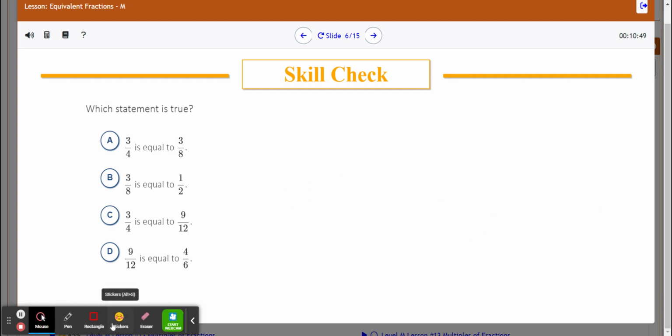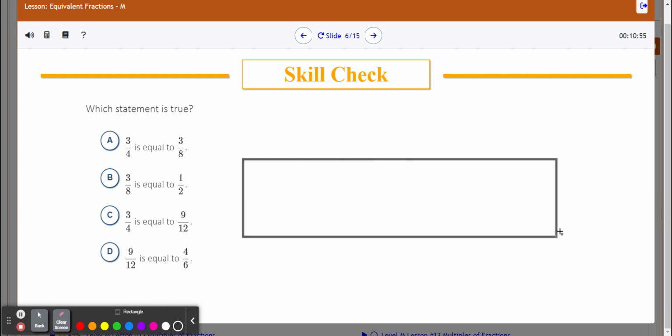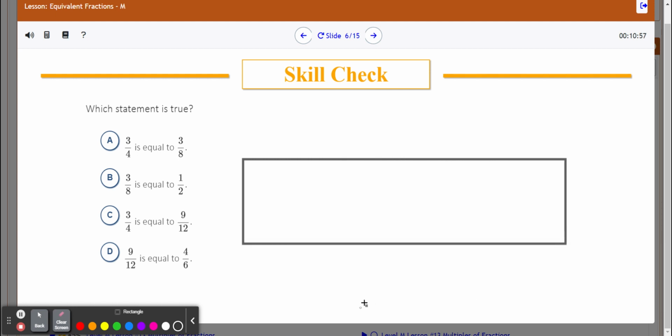Let me give you another example. All right. So here, I'm going to take a bar right here. And this time, I'm going to cut it into 3 pieces. 1, 2, 3. So I've got 3 equal pieces.